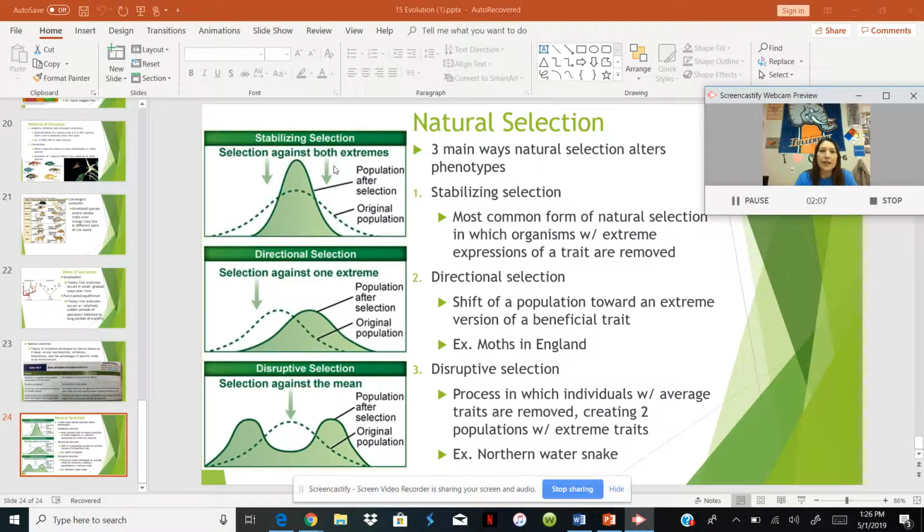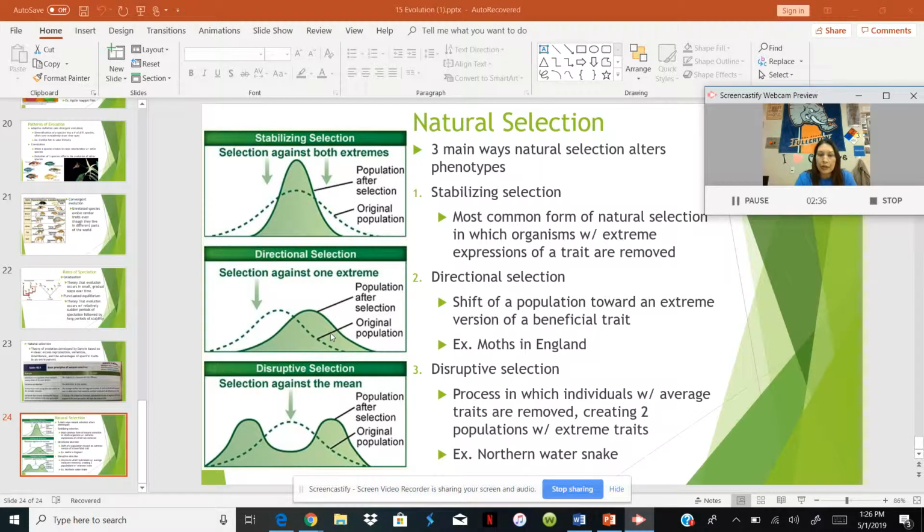In stabilizing selection, if we have three varieties of traits, light coloring, medium coloring, and dark coloring, the medium color is favored. And so what we see here in this graph is that the medium colored traits are being selected for, while the light and the dark, the extremes of the two traits, are not being selected for.